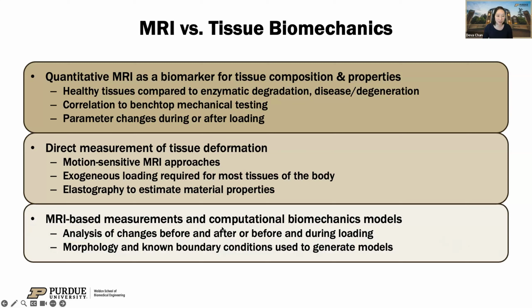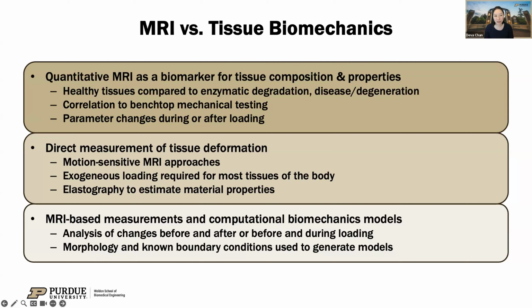And the second half, which is the computational biomechanics, which the next speaker might allude to as well in her talk, uses image-based morphology, segmentation of those tissues in order to identify a geometry, and then you generate a computational model that allows you to predict what kind of deformations might occur under certain conditions.